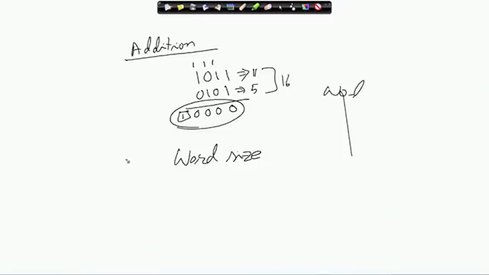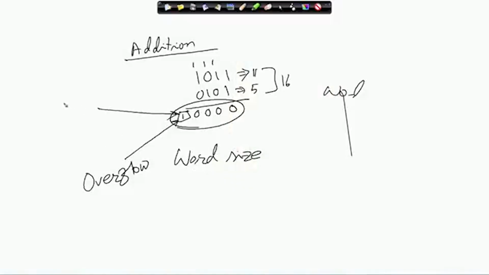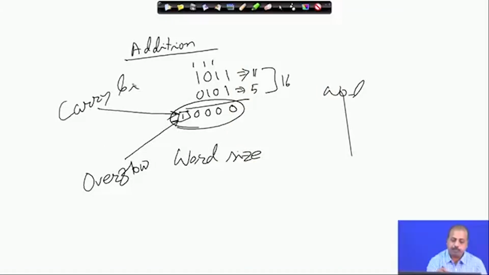So, this creates difficulty, and this situation is known as the problem of overflow. The result is more than the 4-bit representation, and many a time we try to accommodate this extra 1 bit by means of some additional storage, which in a processor we normally call a carry bit.